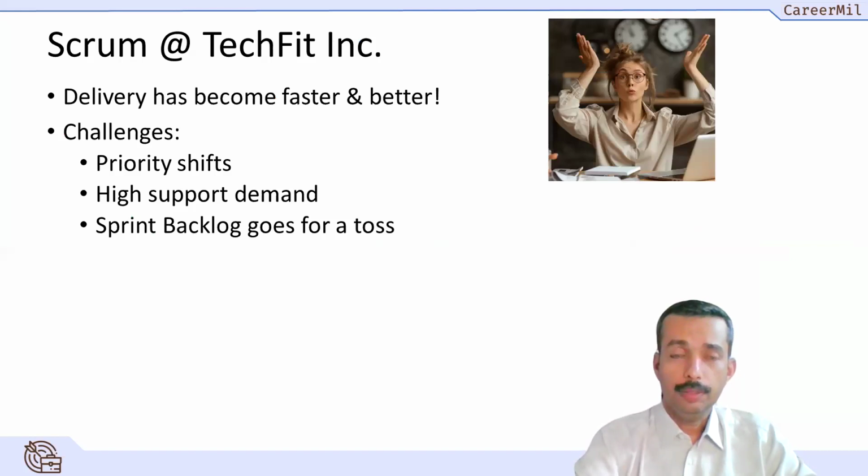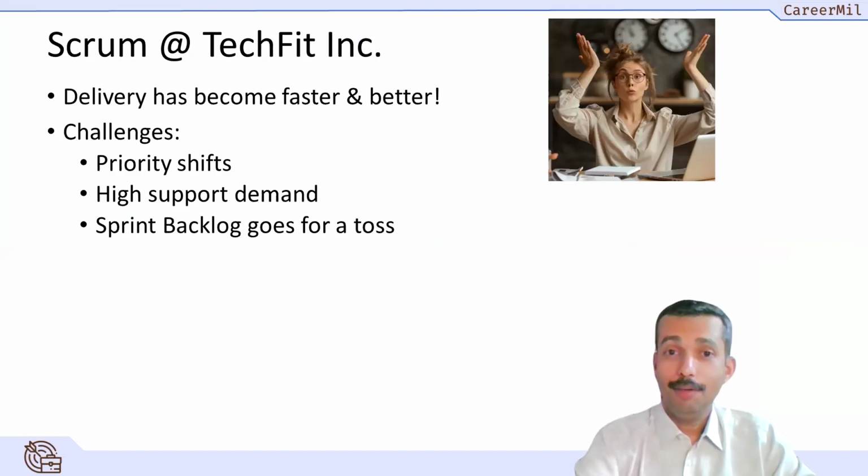So the priority keeps moving. Just even within a few days of the sprint start, whatever planning they have done kind of goes for a toss, right? So it's a pain for the team to see that, oh, whatever planning that we have done so far is not valid anymore.